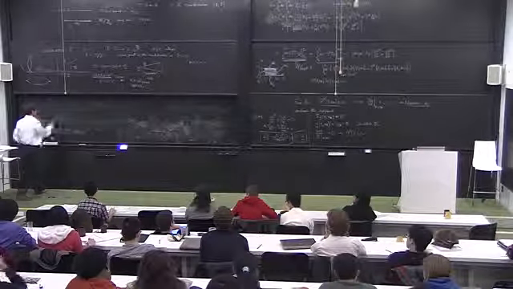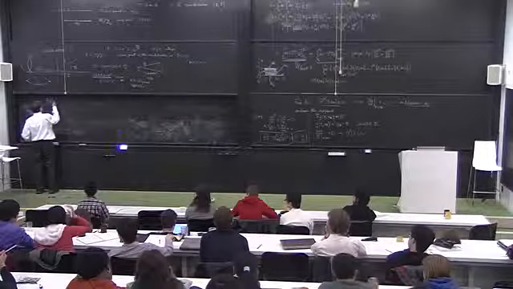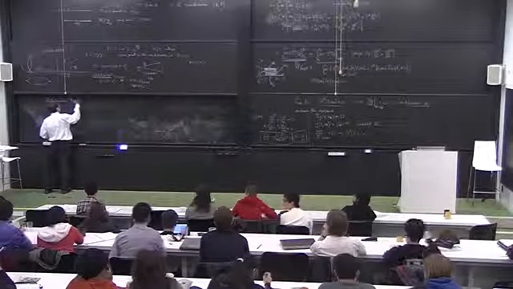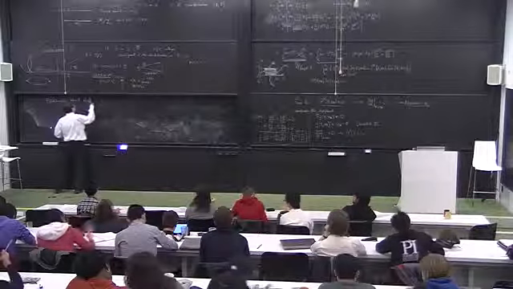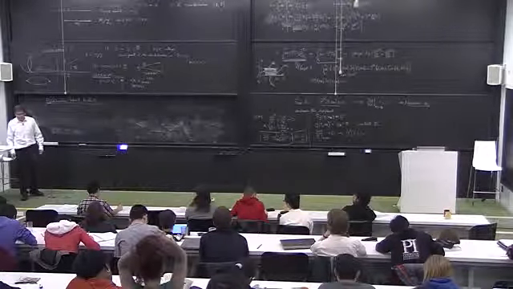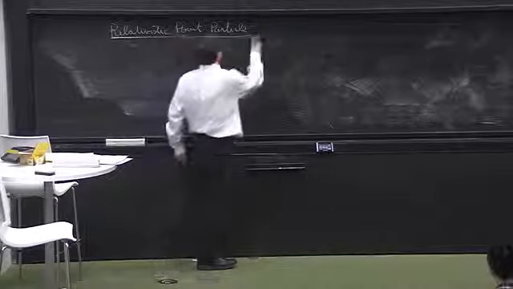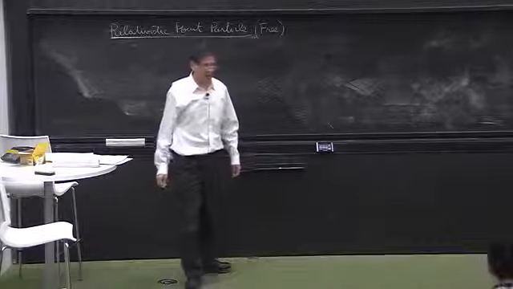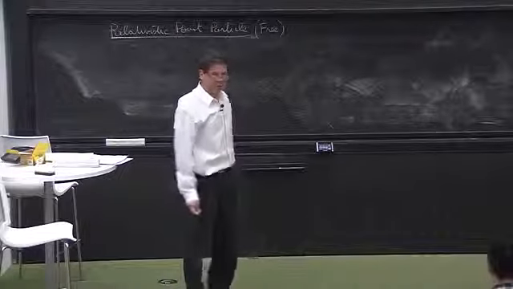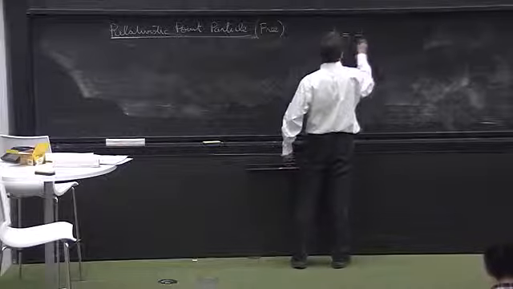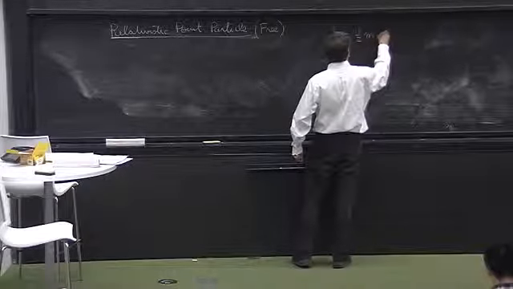So, relativistic point particle. Well, it's even free. So how could it be so hard? A free point particle. What is a Lagrangian? L equals 1/2 mv squared.